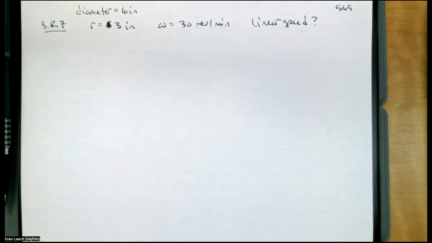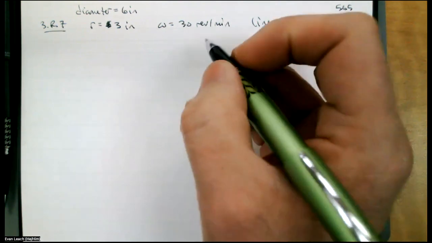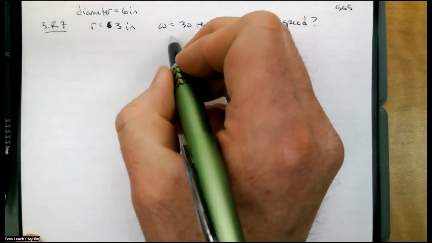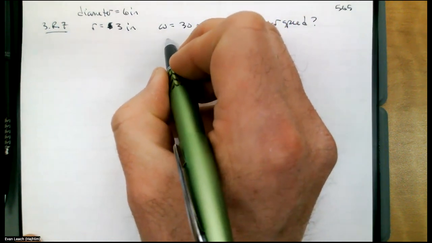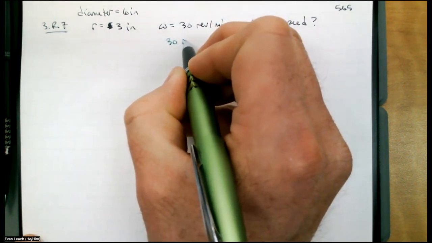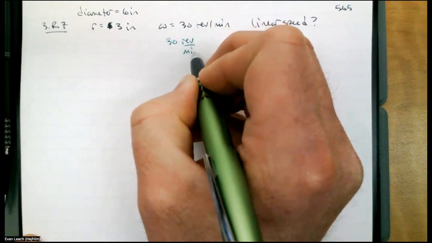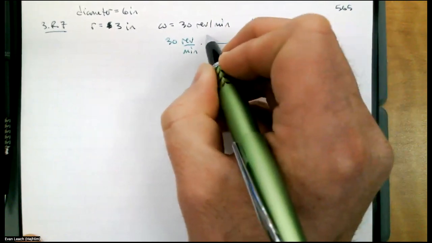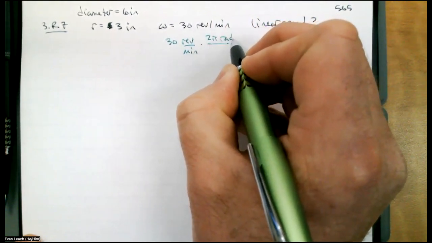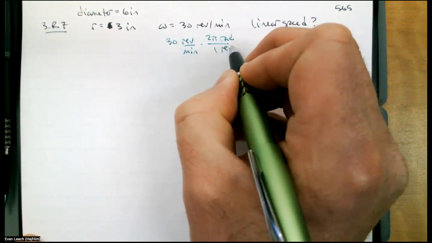All right. So we've got some calculations to do. We've got an angular speed in revolutions per minute. If it's 30 revolutions per minute, how do I turn that into radians per minute? Multiply by 2 pi. So I'll take my 30 revolutions per minute and multiply by 2 pi radians per 1 revolution.